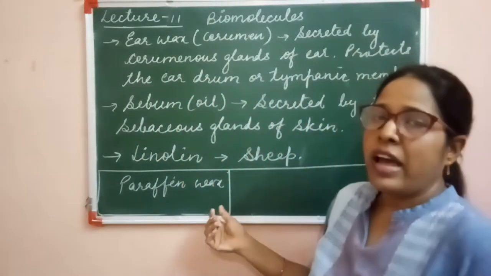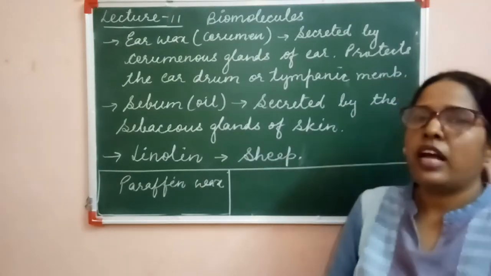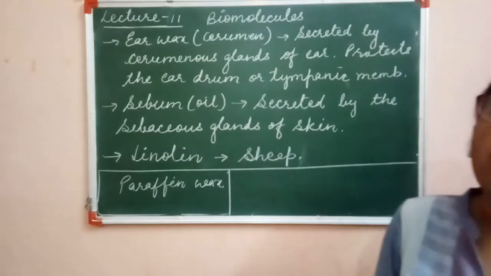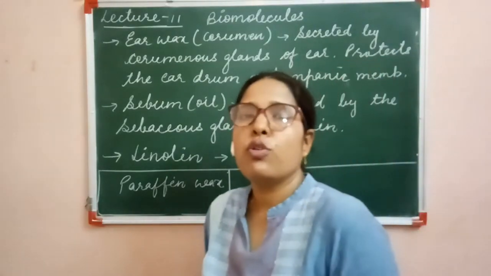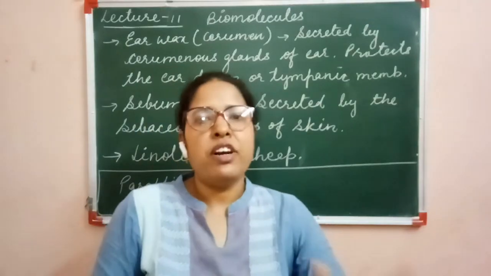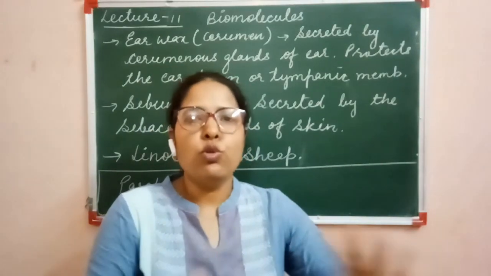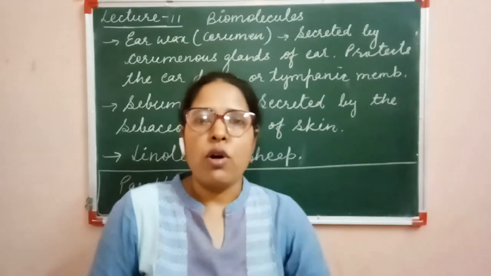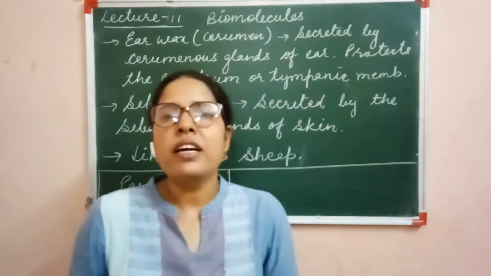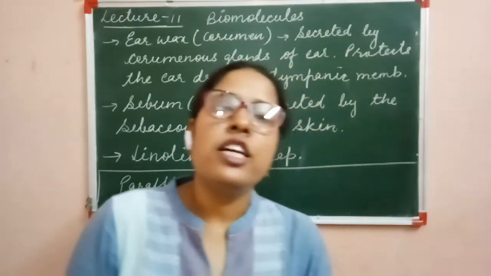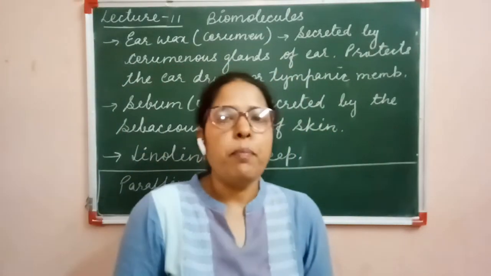Paraffin wax is a different category of wax. It is obtained from the fractional distillation of crude oil, that is petroleum. It is basically used in making Vaseline and other cosmetic products, and this is a chemical type of wax.